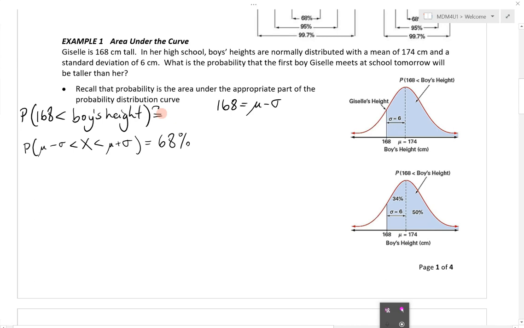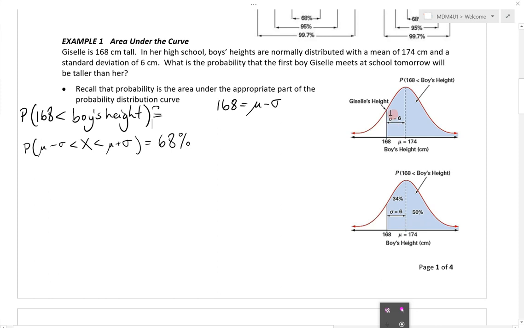All right, so how do I use this fact? Well, I'm going to divide the problem into two parts. This is the distribution curve that we're interested in, and this blue shaded area is the area that we want to calculate. So the probability that the boy will be taller than Giselle is represented by the blue shaded area. Okay, so I can find that by looking at half of the 68%.